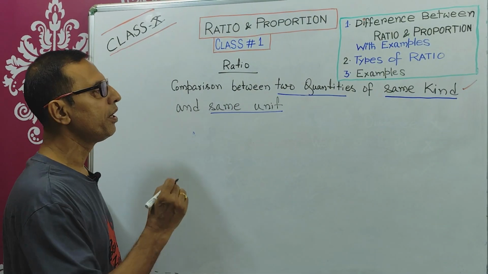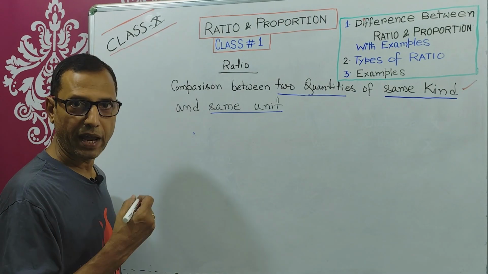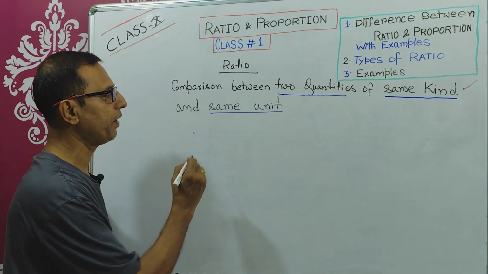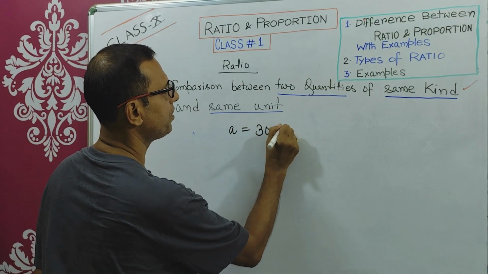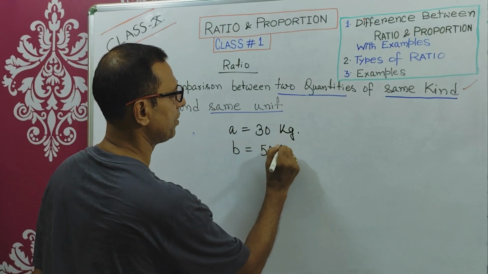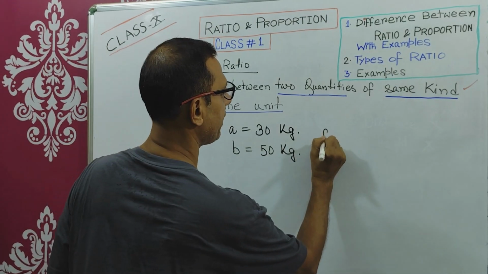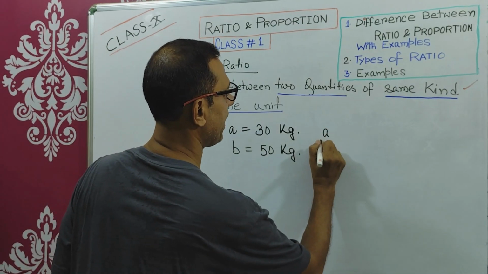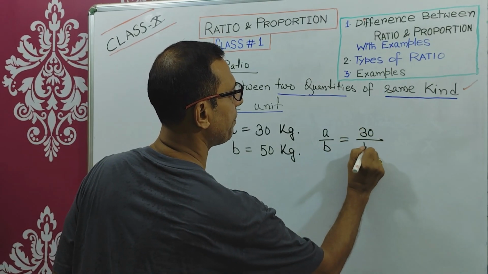Now, how can we represent ratio? Representation of ratio can be in the form of division, that is a fraction. Let's say A equals 30 kg, B equals 50 kg. You can compare these two. Either you can say A by B equals 30 by 50.